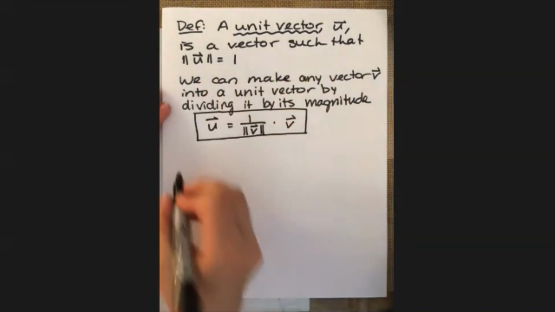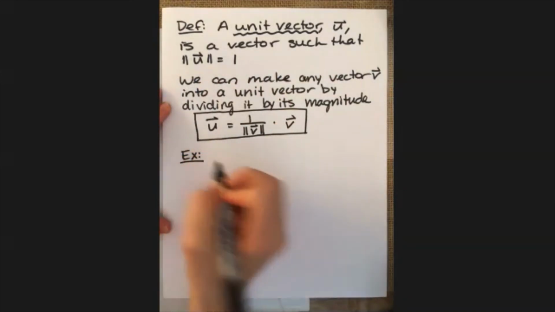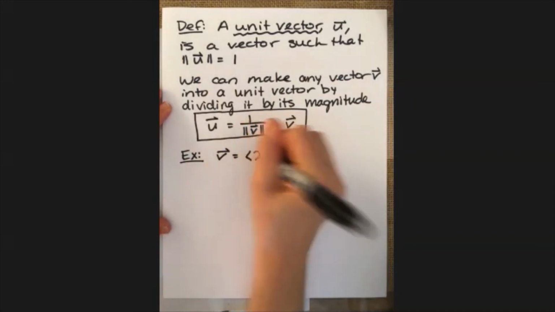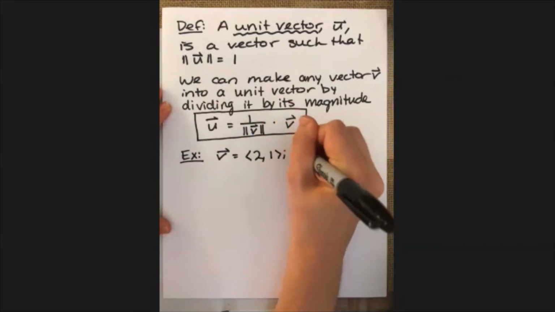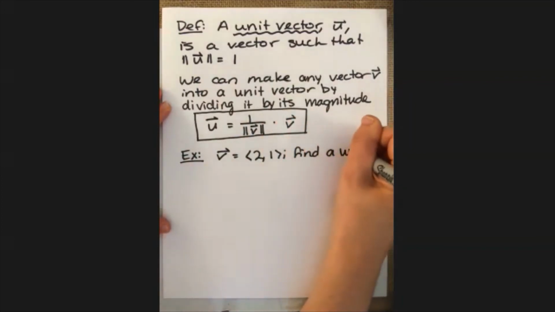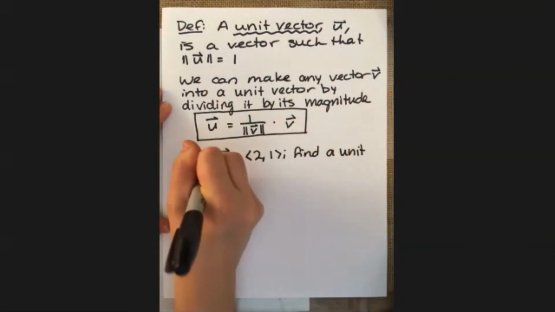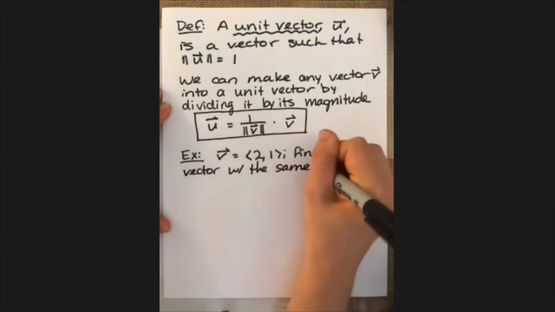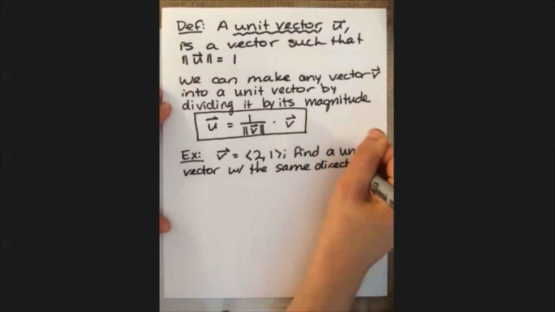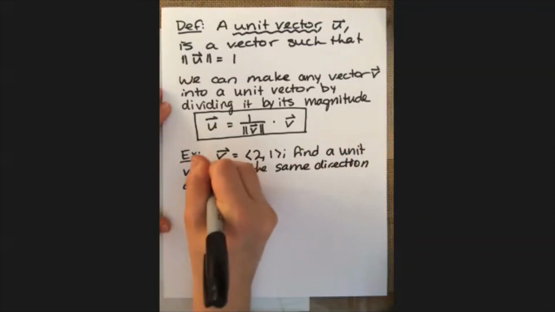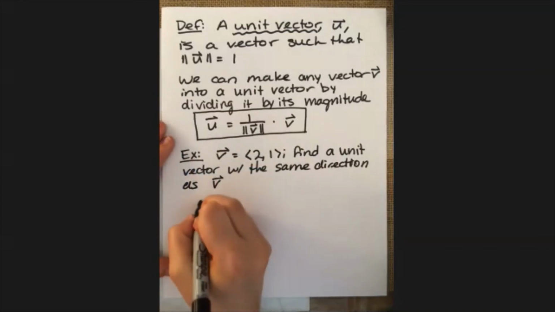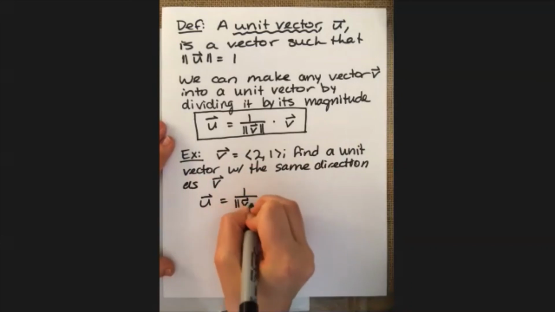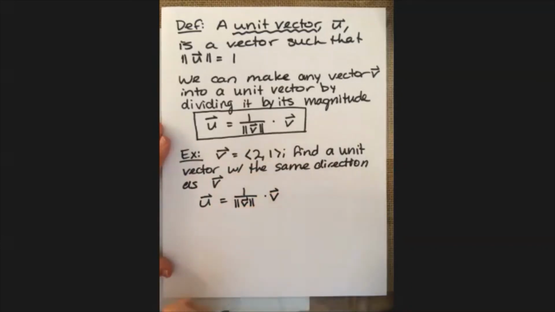Okay, so here's an example. We start with a vector 2, 1. We're going to find a unit vector with the same direction as v. So we want a u such that it's equal to 1 over the length of v times our original vector v.